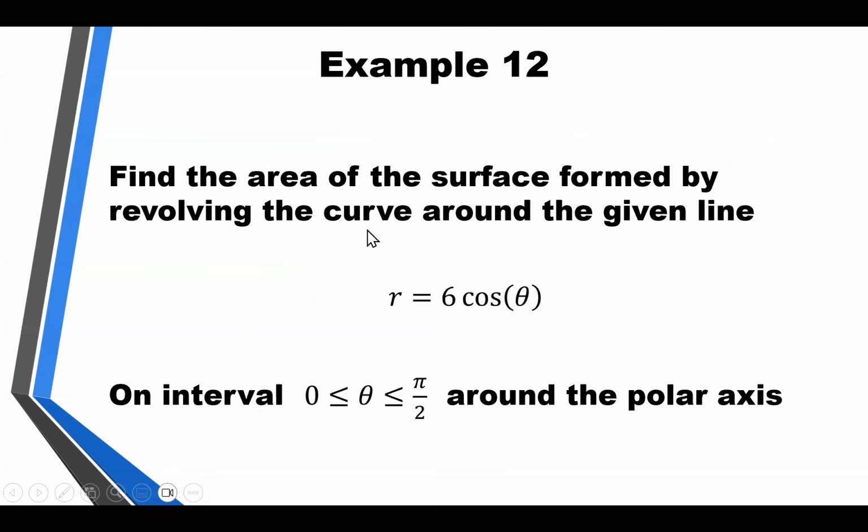Let's do a couple of problems here. Let's take r equals 6 times cosine of theta on the interval from 0 to pi over 2 and rotate that around the polar axis.